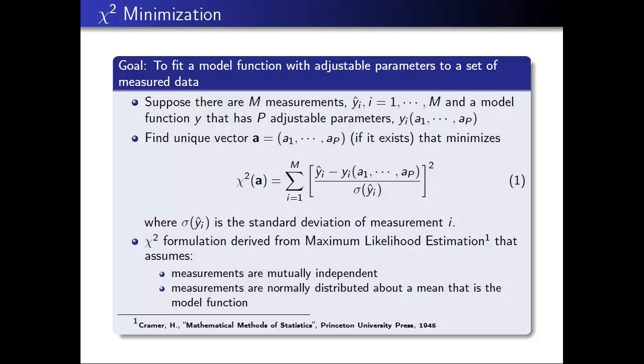Maybe they're your mu A, mu S prime, n and g, or they're your chromophore concentrations. And the goal is to find a unique vector a, if it exists, that minimizes this chi-squared function, where here's your measurements, here's your model prediction at these parameter values, and this denominator is the standard deviation of the measurement.